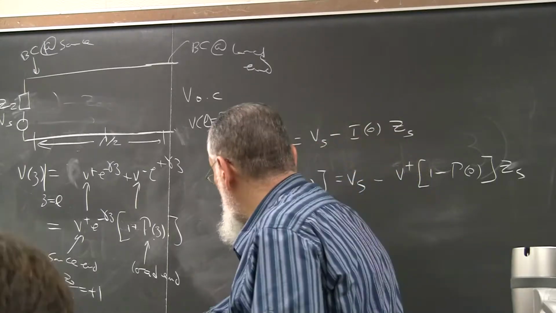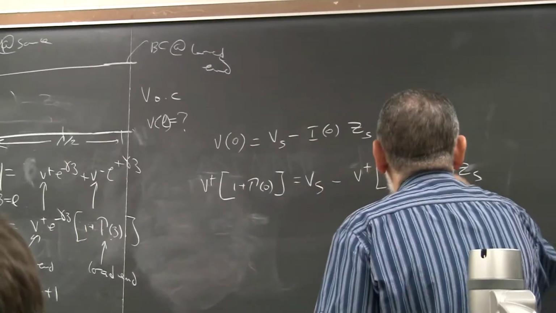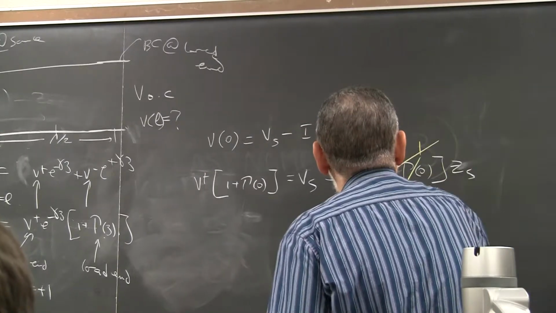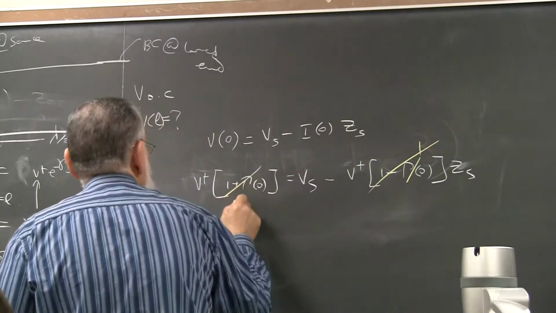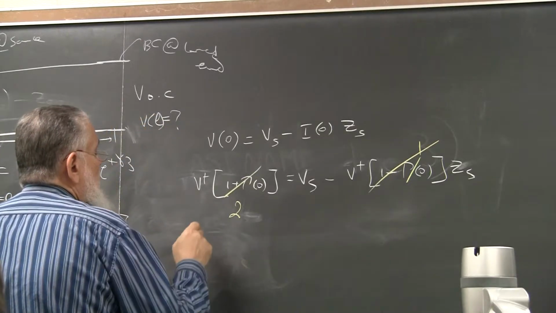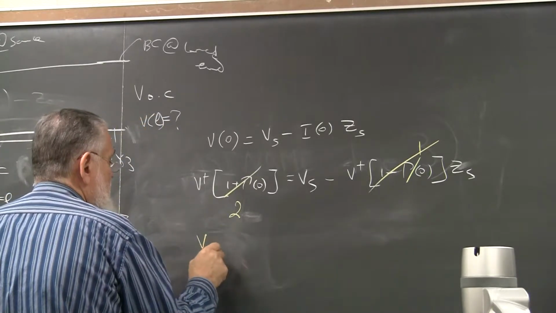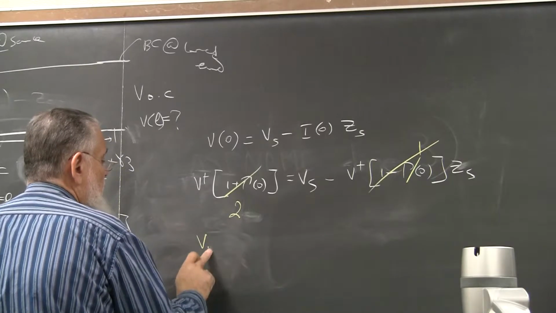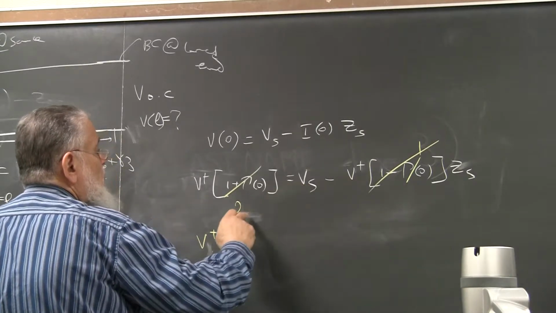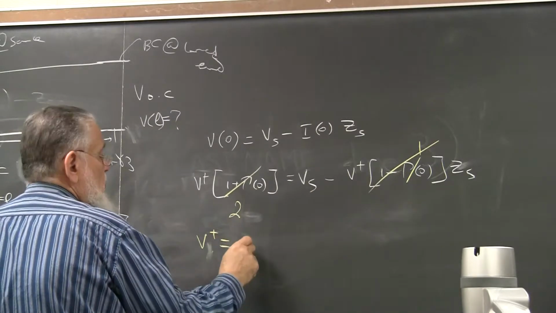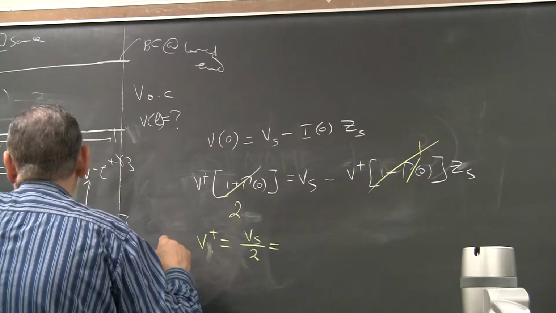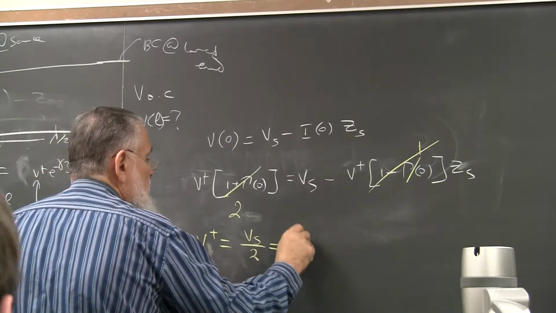And gamma of 0 is 1, so that's a 1. That means this goes to 0, and this becomes 2. All right? And that means V plus is equal to Vs over 2. That means that was 10 volts, that means 5 volts.